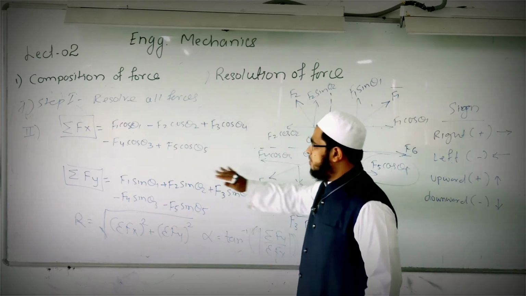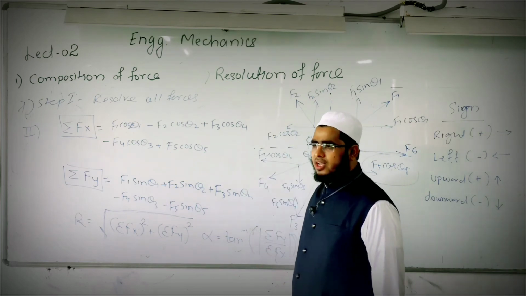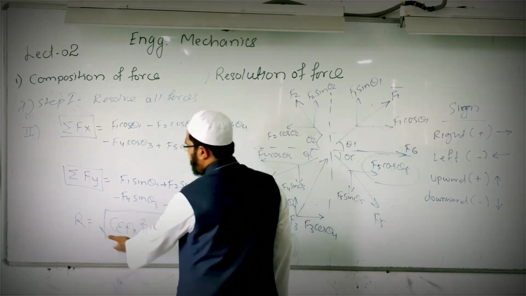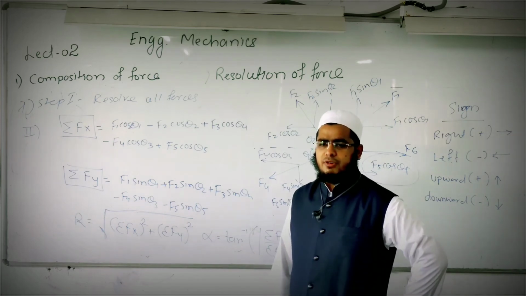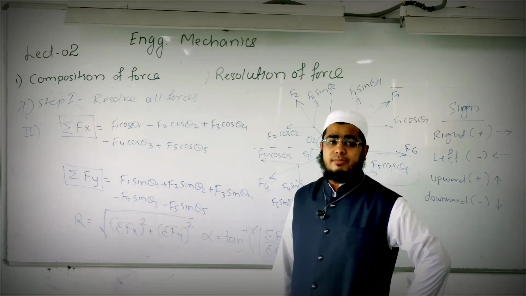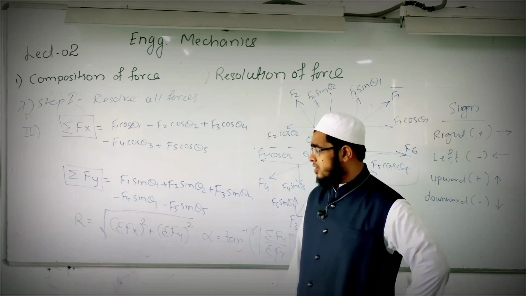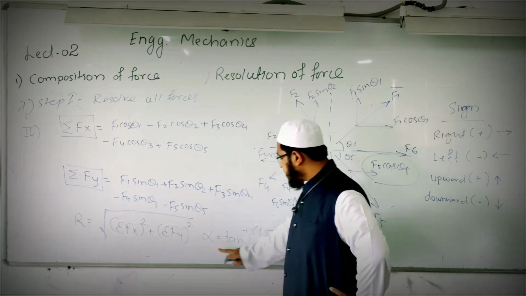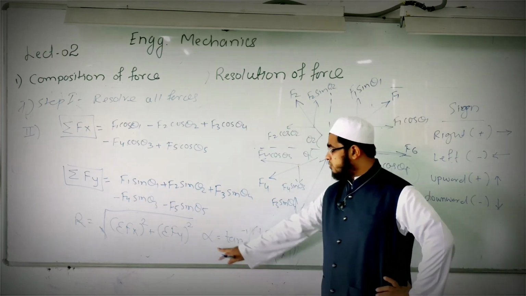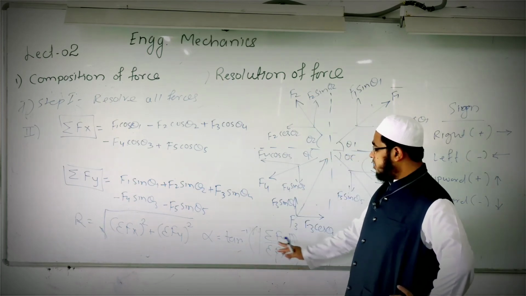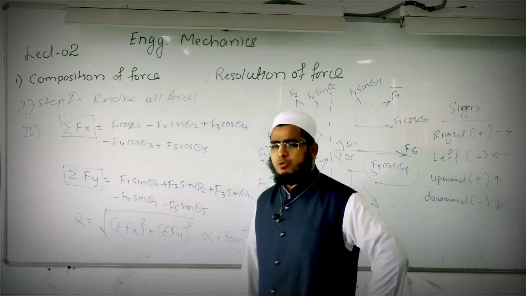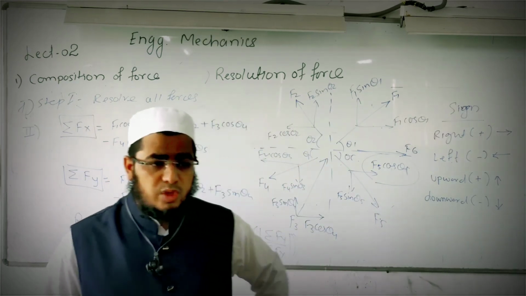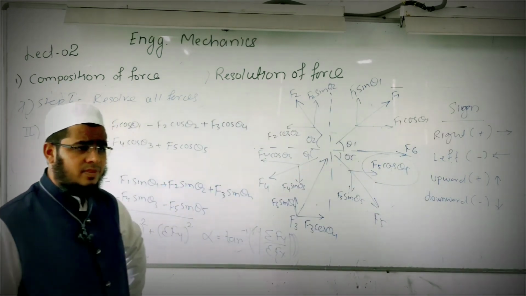After completing summation Fx and summation Fy, we will use the formula R equals the square root of summation Fx squared plus summation Fy squared to determine the magnitude of the resultant. And the direction of the resultant is given by alpha equals tan inverse mod of summation Fy divided by summation Fx. But a very important question is, in which quadrant is this resultant acting?